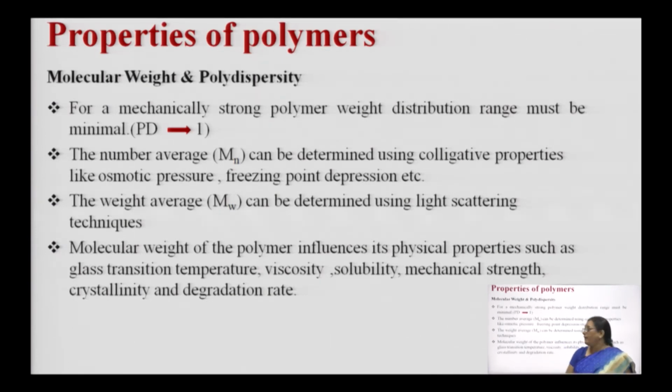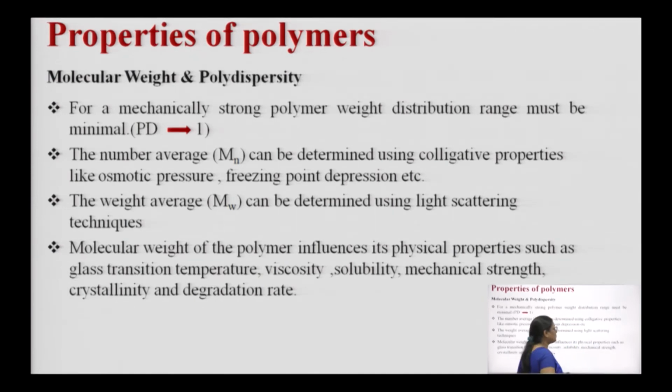As mentioned in the first point, for a mechanically strong polymer, the weight distribution range must be minimized, that is the polydispersity index should be kept near to 1, that is the weight average and number average should be kept equal. The number average can be determined by making use of colligative properties.